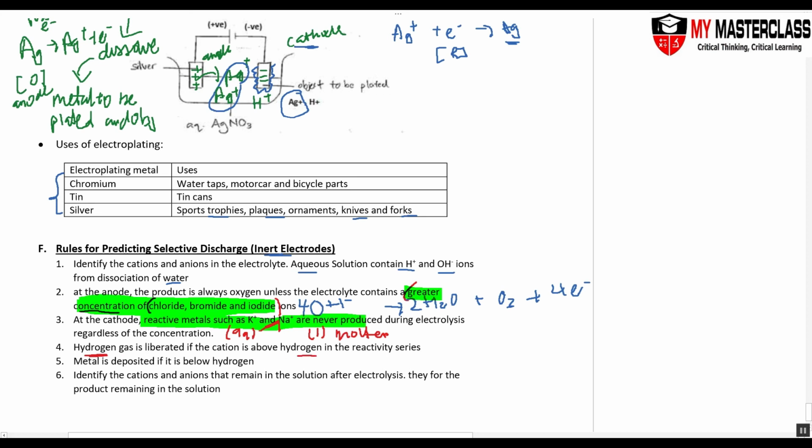Only metals below hydrogen in the reactivity series will get deposited, usually copper, silver, gold. Then identify the cations and anions that remain in the electrolyte. I usually circle what is being discharged and cross them out, so you can see the ions that are left in the electrolyte. They are the products of the solution.